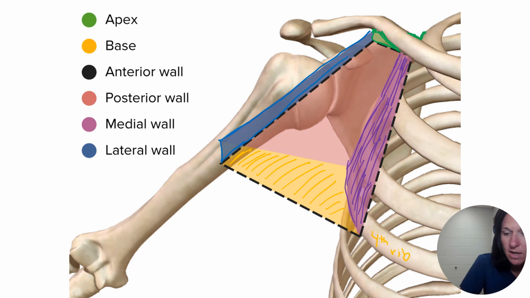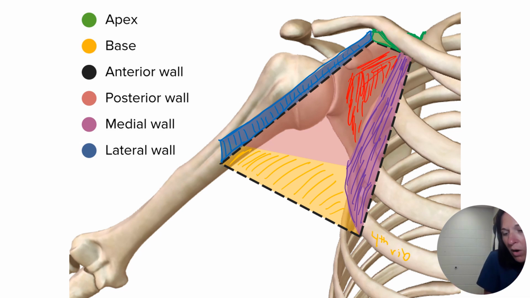Now, if we think about some muscles that insert there, there are 3 that we've learned already. And 2 of them are going to help form the posterior wall. So the posterior wall, which we can see in red, is composed of the anterior surface of the scapula and subscapularis, which originates in the subscapular fossa.